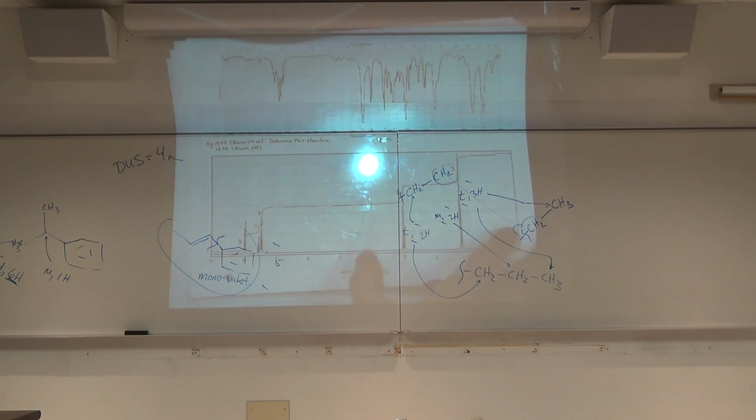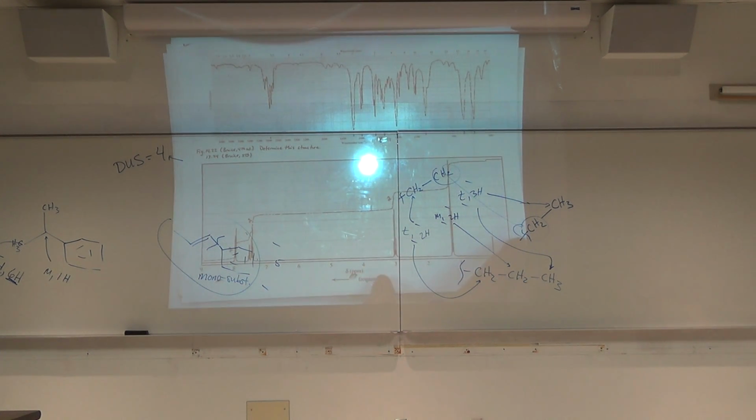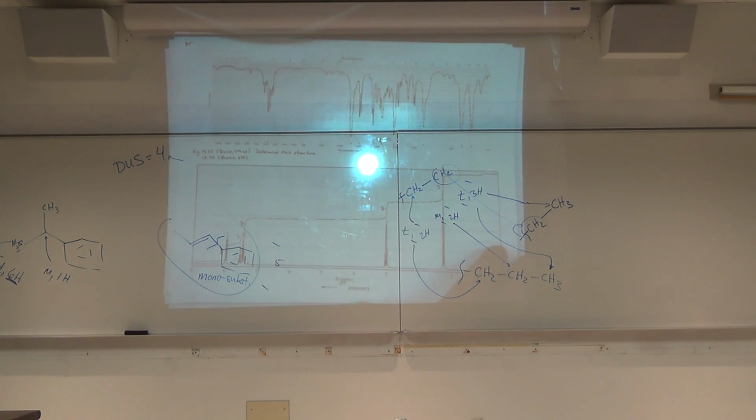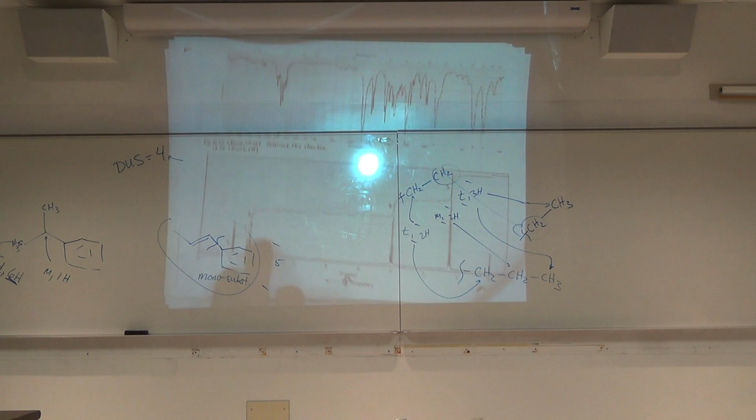Let's go ahead and work this one real quick, and then I'll let you work the rest of them. You also need to be looking ahead, carbon NMR, etc. Maybe each day we'll do a little bit.